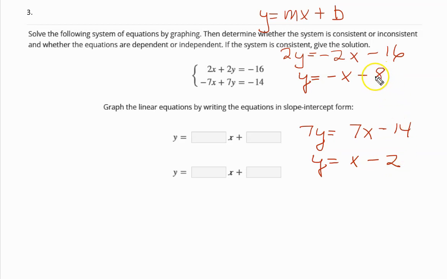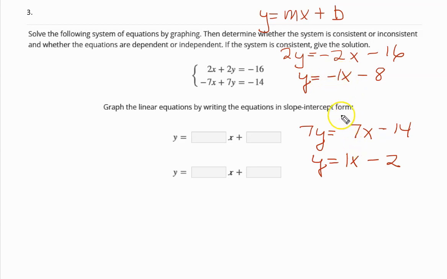Now, let's just look at these and see what's going on here. First of all, the slope here is a -1. Here the slope is a +1. And the y-intercepts are different. And one other thing as a little review, if you multiply the slopes together, what do you get?